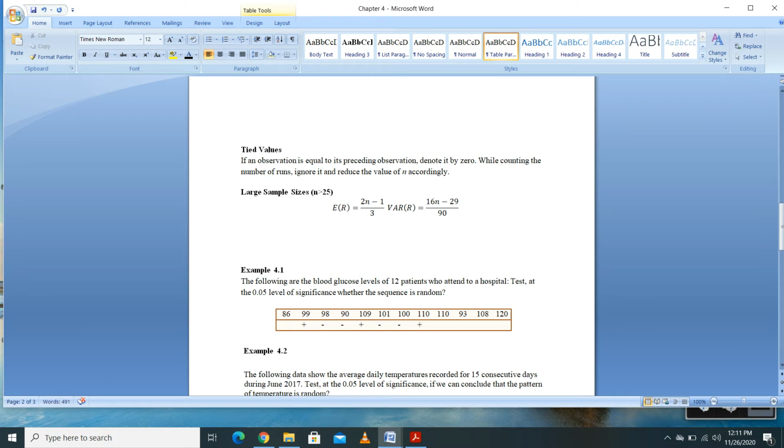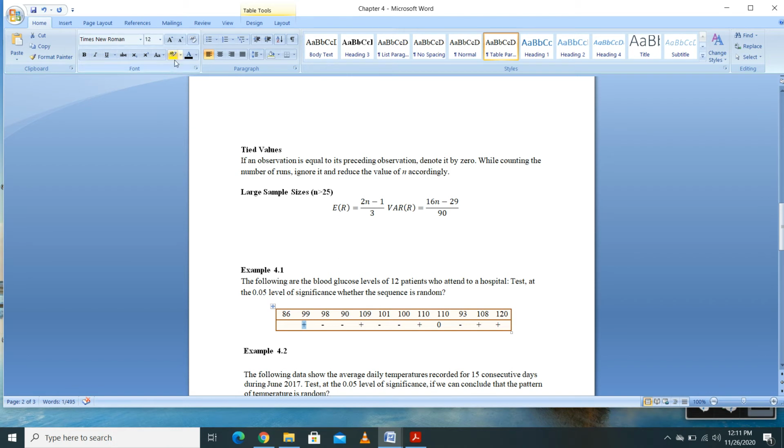Then you have 110, the same observation, so you mark it as 0. And 93 is less than 110, minus. 108 is greater than 93, plus. 120 is greater than 108, plus. So I have marked all the positive and negative values. So let's see how many runs you have here.